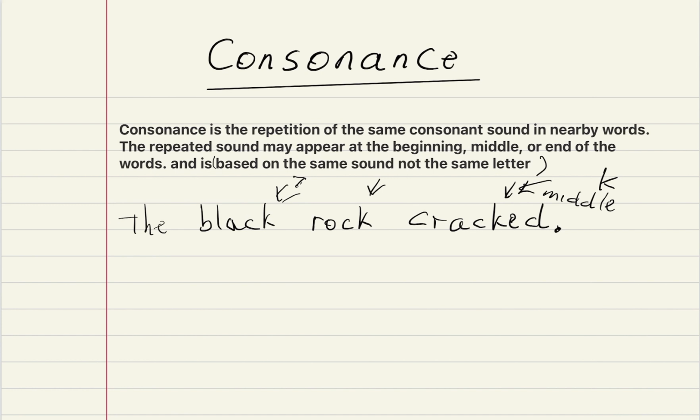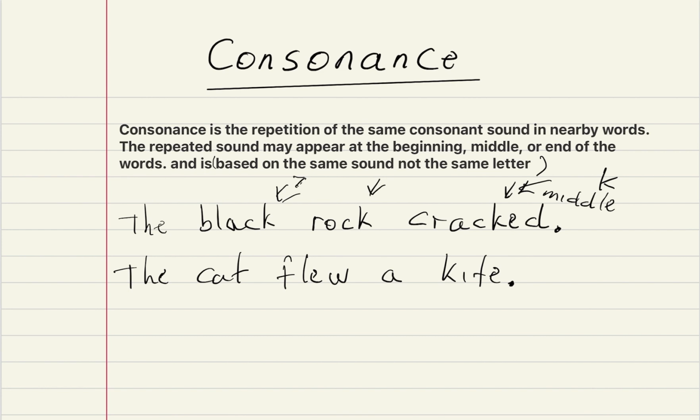And then just to go back to that definition where we mentioned based on the same sound, not the same letter, I'll give you another example. The cat flew a kite. Now this might be a bit confusing.